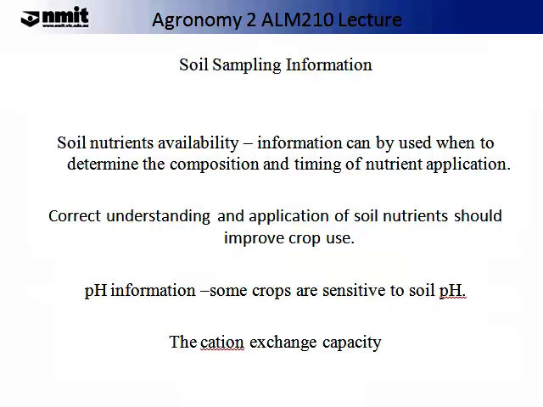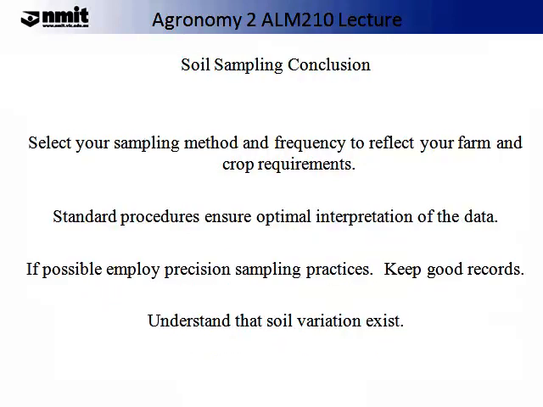Correct understanding and application of soil nutrients should improve crop use and reduce waste. pH information in some crops is essential, and the cation exchange capacity can also be a useful piece of information to have. Select your sampling method and frequency to reflect your farm and crop requirements. Standard procedures ensure optimal interpretation of the data. If possible, employ precision sampling practices and keep good records. Understand that soil variation does exist.